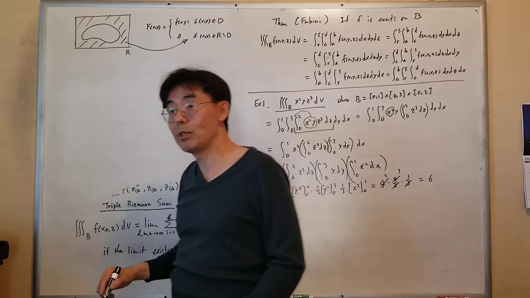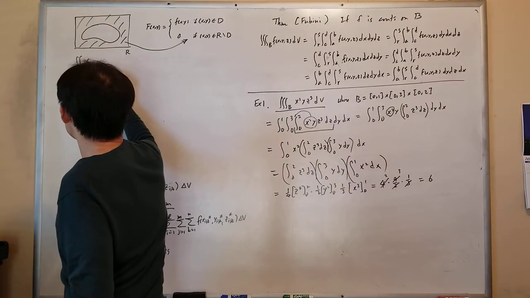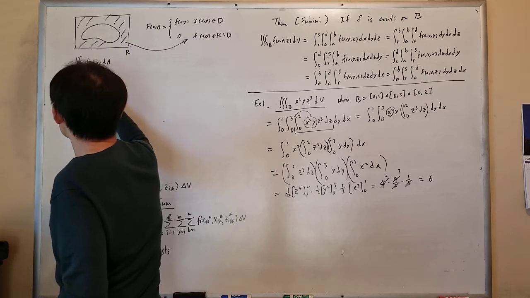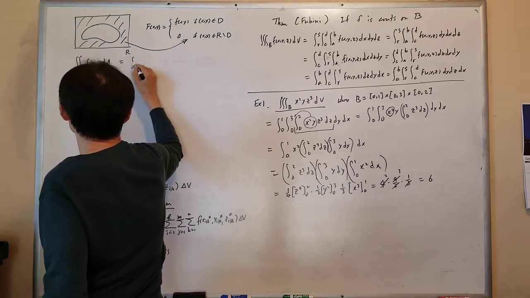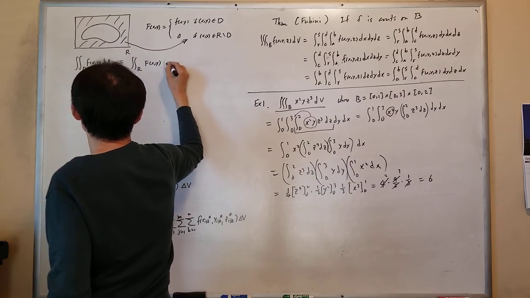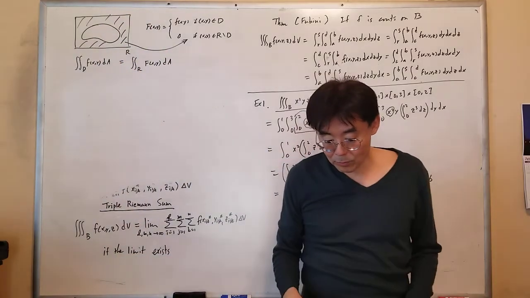Okay? And then we define the double integral of f over D as the double integral of capital F over the bigger rectangular region. Just like that.